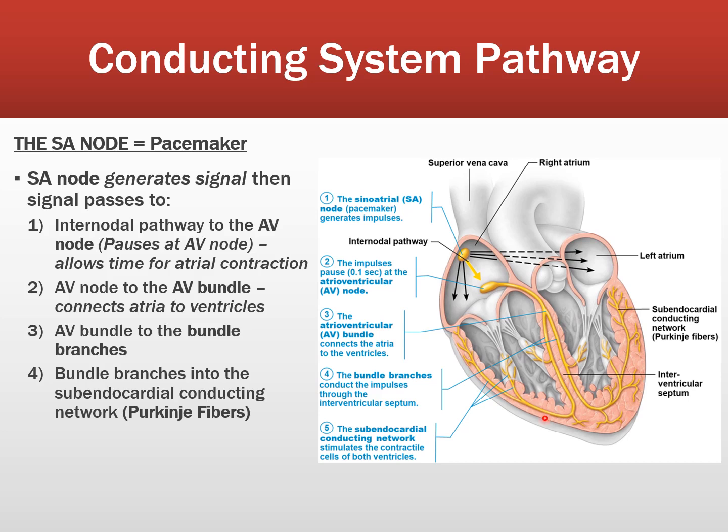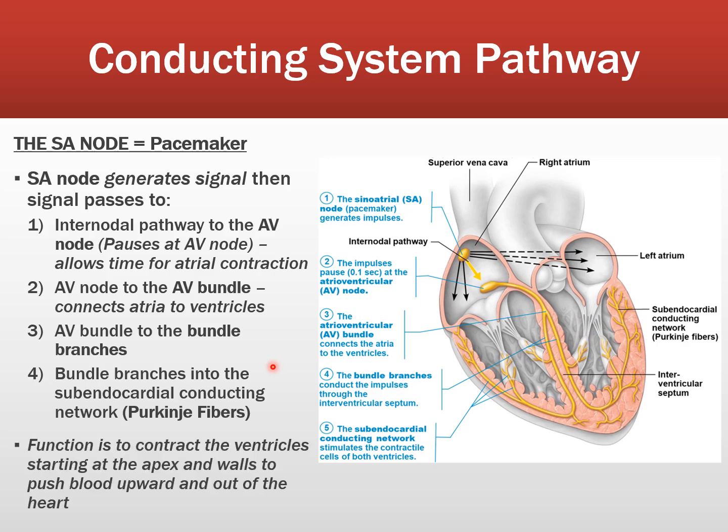Those branch into smaller conducting networks, all underneath the endocardium, and these are called Purkinje fibers. The Purkinje fibers go out into all those different cells in the myocardium.